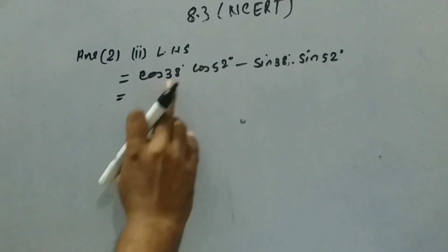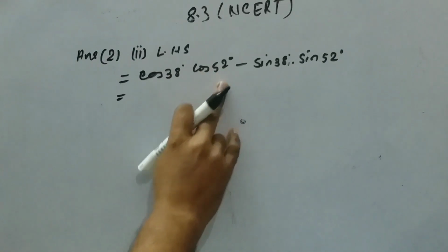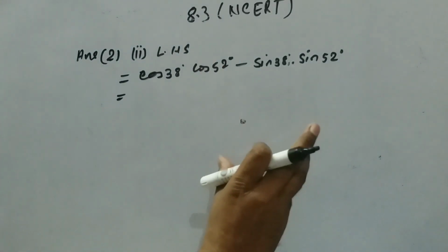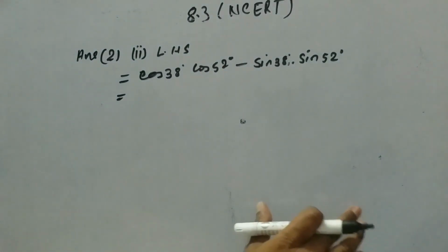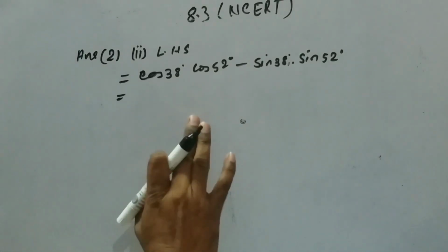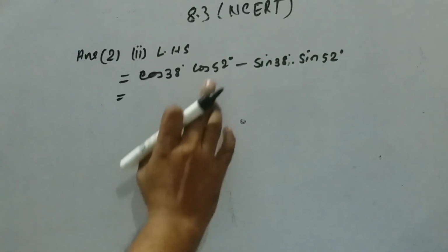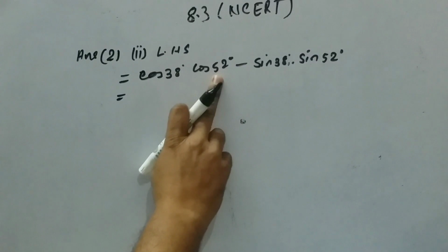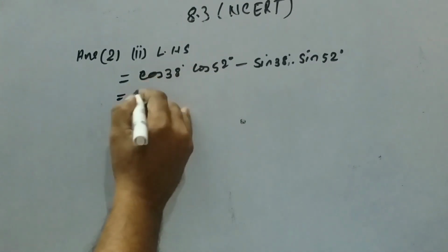Here 38 and 52 make a pair of complementary angles. So you are requested to change any one angle in terms of the other one. So 52 should be changed into 38.